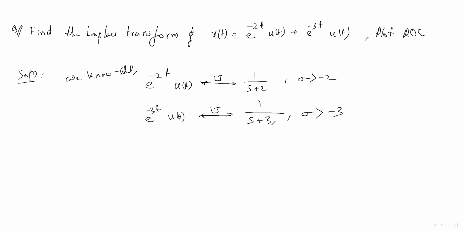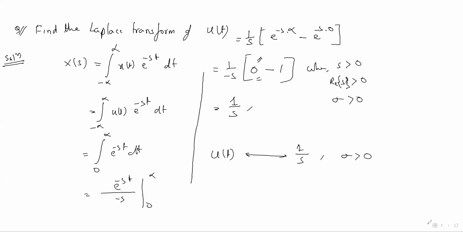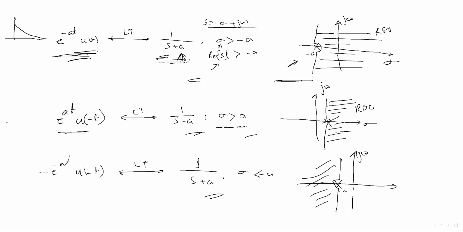This is how we can write it directly, but you should know how to derive this Laplace transform. When you practice more problems, you can easily say what the Laplace transform of such a signal is.